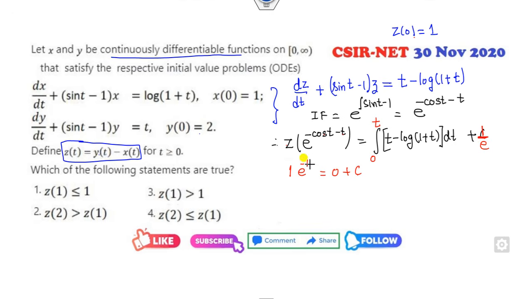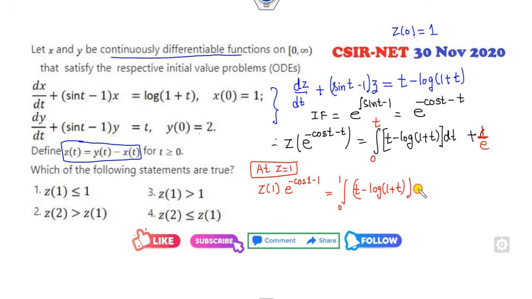Fine. Now look at the options. Now I can check the point at 1. So what is the answer of this? z of 1 will be e raised to the power minus cos 1 minus 1, times the integral from 0 to 1 of t minus log of 1 plus t, plus 1 over e. What is the log of 1 plus t?